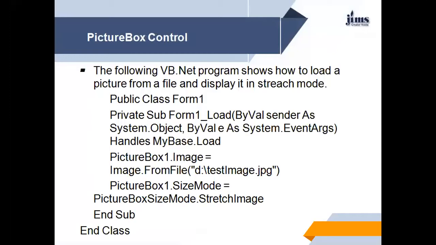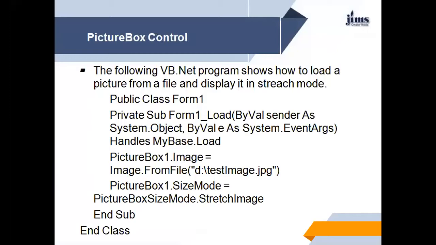Private Sub Form1_Load: when you are loading the form and doing the programming in VB.NET, it will automatically come, ByVal sender As System.Object, ByVal e As System.EventArgs Handles MyBase.Load. PictureBox1.Image = Image.FromFile D:\test image.jpg. PictureBox1.SizeMode = PictureBoxSizeMode.StretchImage. Here we are using the stretch mode.